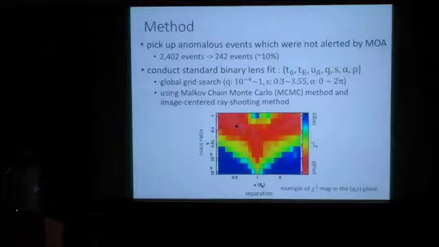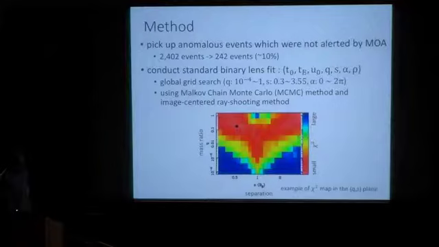So for the statistical study, we need an automated way to select the binary events. But as a first step, we picked up the anomalous events which were not alerted by eye, and we found 242 events out of 2,402 events.